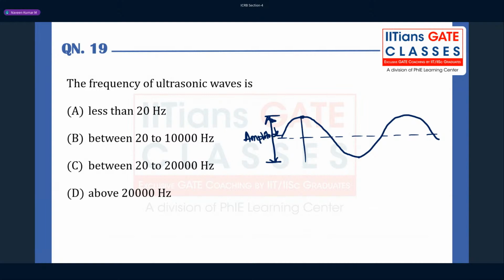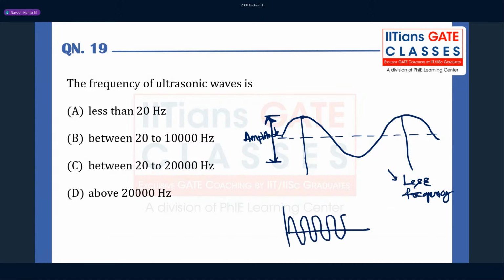And how many are happening in time is frequency. How many peaks are coming is frequency. So this is having less frequency compared to this, which is having more frequency, more waves in a single time. The pitch is the same, more pitches.